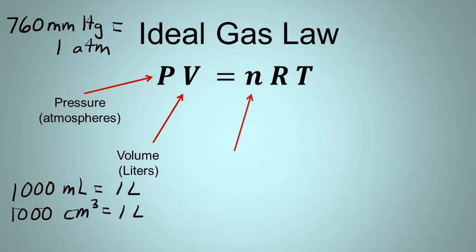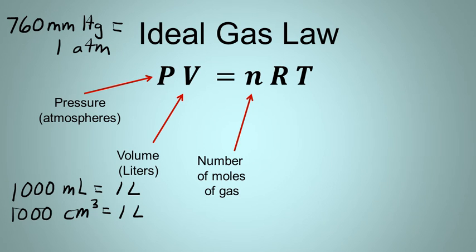N is a variable that we haven't had before. N represents the number of moles of gas. And so this represents the other property of gas that we didn't talk about before. In the earlier lesson, we said that all gases have 4 properties. They have a pressure, a volume, a temperature, and number of molecules. Well, this is where that comes in, number of moles of gas. And sometimes you're given not moles in the problem, but grams.